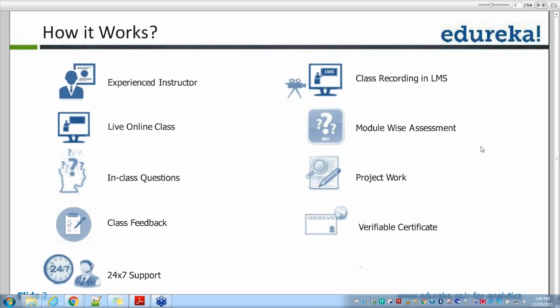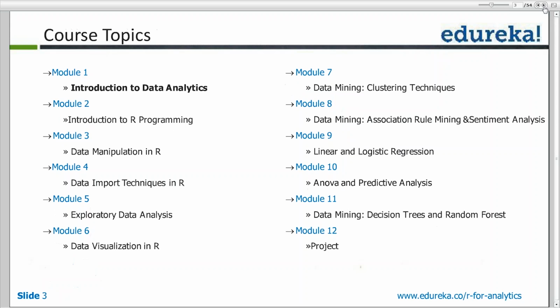There are module-wise assessments in the sense there will be questions or quizzes over the course of each session, which will try to reinforce your learning in each of these sessions. There'll also be project work at the end of the program, on completion of which all of you will be awarded a verifiable certificate, which you can display as a part of your LinkedIn profile. So these are things that we know.